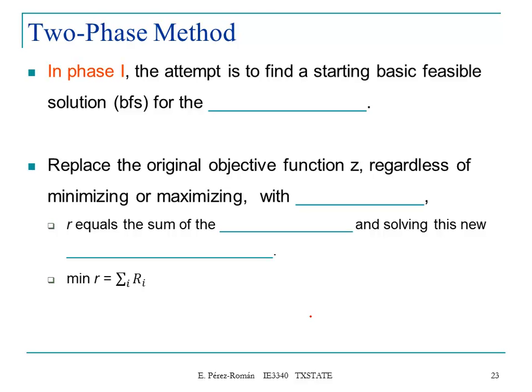In phase one, the attempt is to find a starting basic feasible solution for the original problem. So now we're going to replace the original objective function c, regardless of whether you are minimizing or maximizing in the original problem, with a minimization problem of the summation of the artificial variables, which are represented by r.